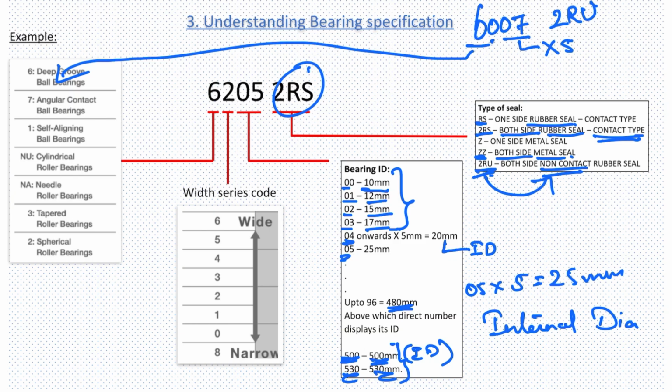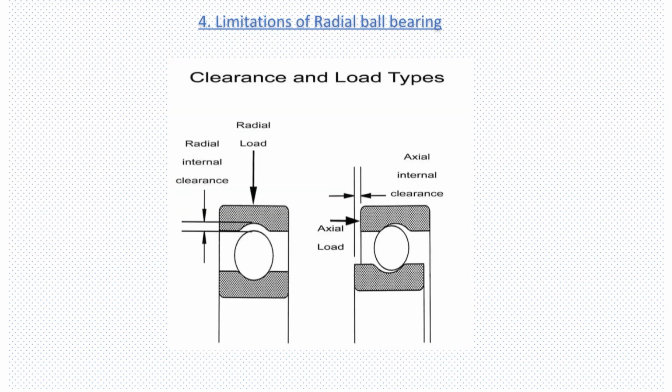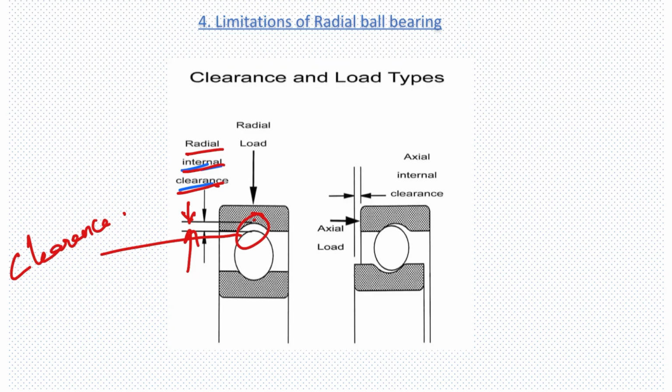Yes, now let us understand the limitations of the radial ball bearing. As many of us know, radial ball bearings are not a favorable bearing in precision applications because there is a small play inside the bearing created by the clearances given while manufacturing the bearing.